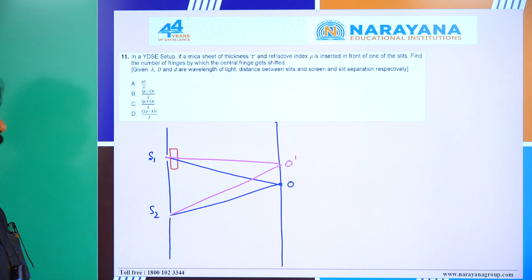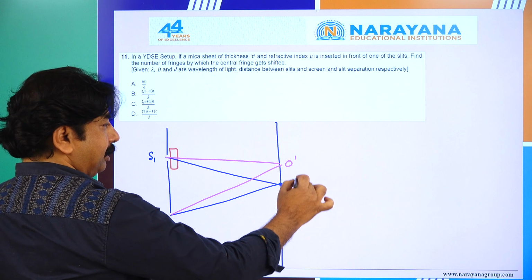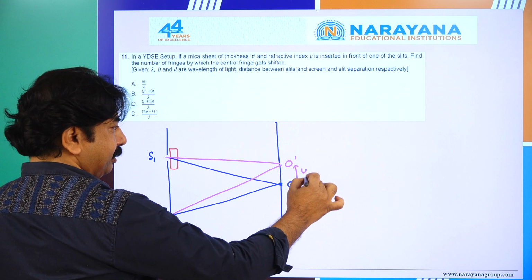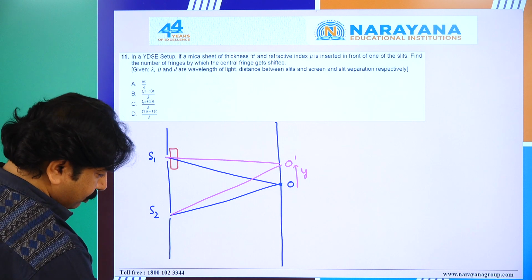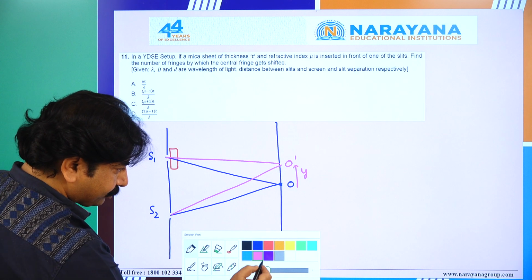Okay, now the shift one we have to calculate. Actually, this shift is the Y. Already you know as per the formula and conditions.